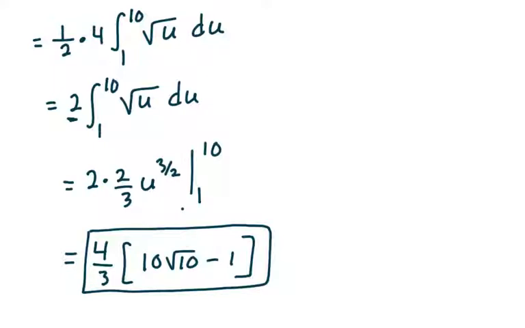And so if I plug the 10 in, remember, 10 to the 3/2 is equivalent to 10 times the square root of 10. Okay? So I get 4/3 times the quantity 10 times the square root of 10, minus, and when I plug 1 in for u, 1 to the 3/2 is 1, so I just subtract 1. And that's my answer.